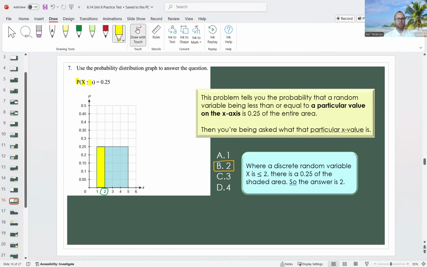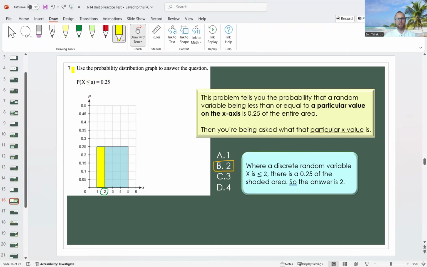You have P, X, and A. What's going on here? Well, you've seen it before, but I'll explain it right now. This problem is giving you a statement right here. That's what that is.